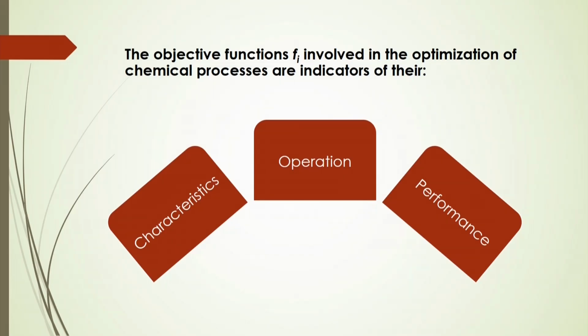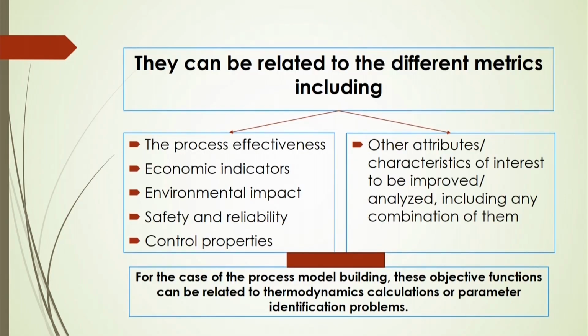These important indicators should be considered during the definition of the objective function, and they can be related to different metrics like process effectiveness, economic indicators, environmental impact, life cycle assessment, safety and reliability, control properties and other attributes of interest to be improved, including any combination of them.